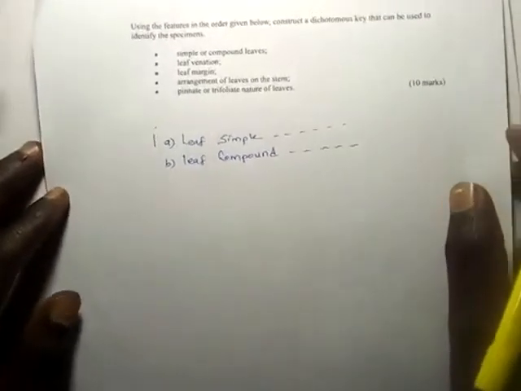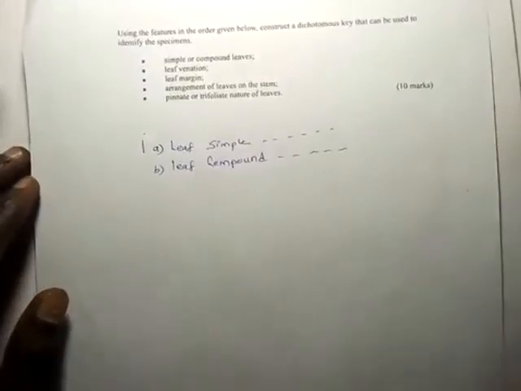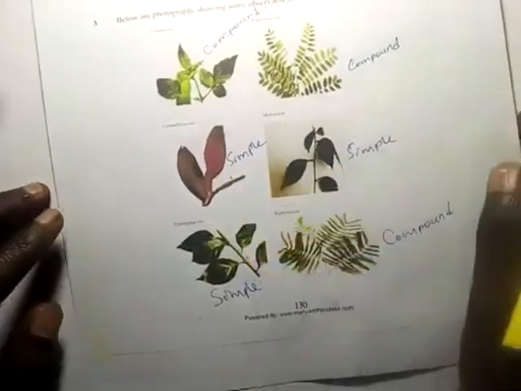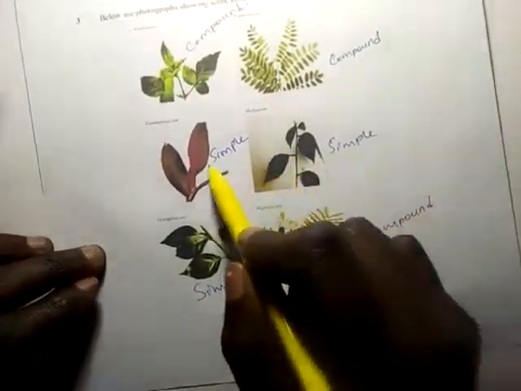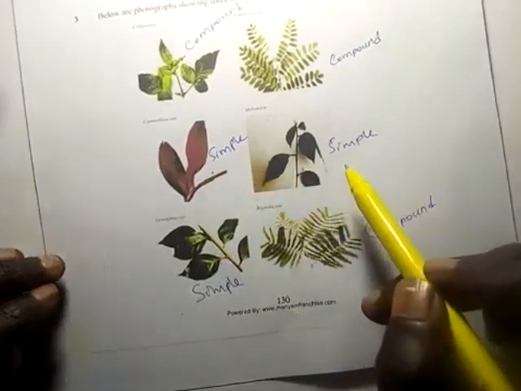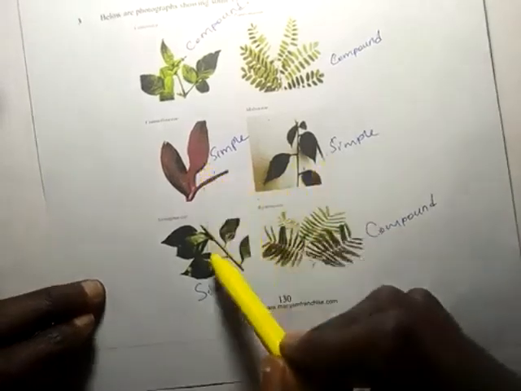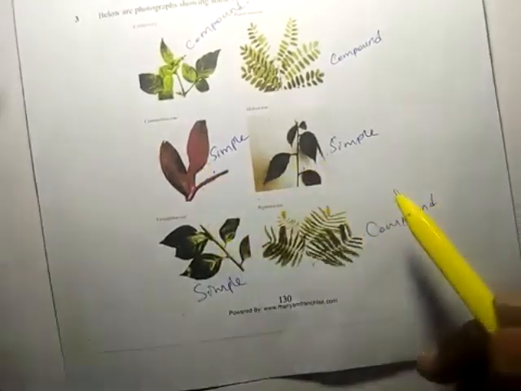Then we start with the first one, the leaf simple. We have said there are 3. Now you cannot write all the names. You should now look for characteristics that will differentiate the 3.